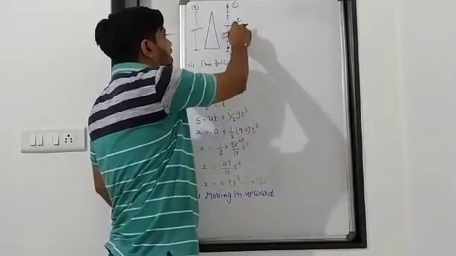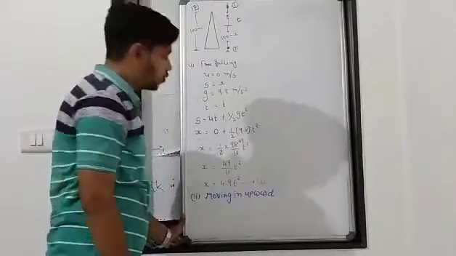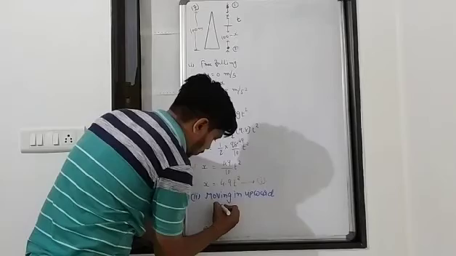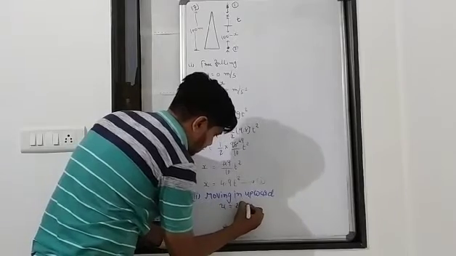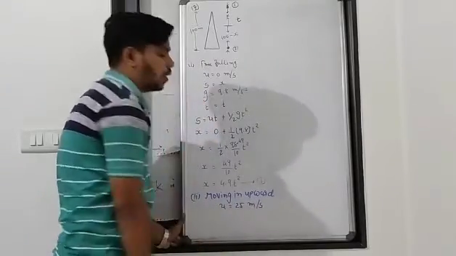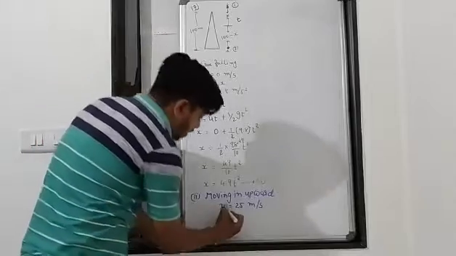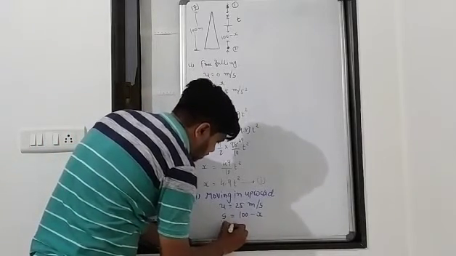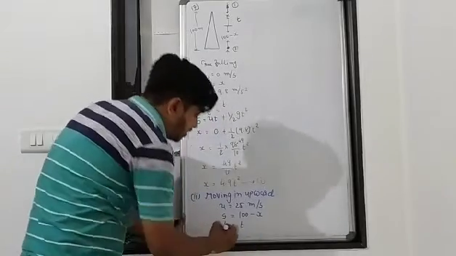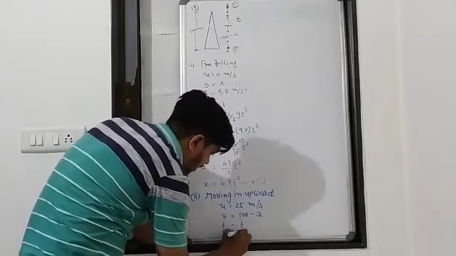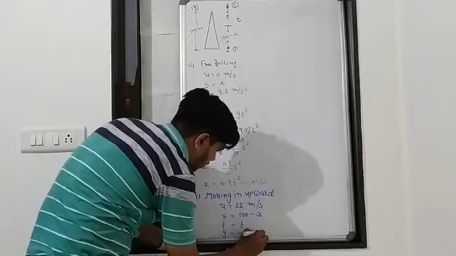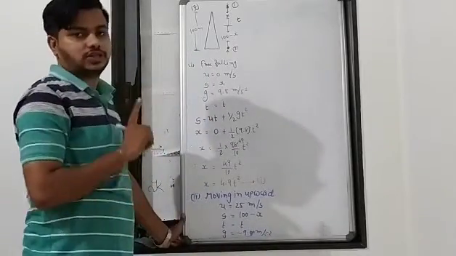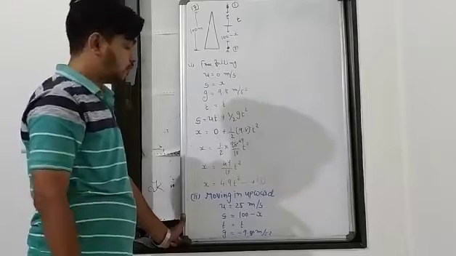It needs to meet in the middle, so we are not taking v as 0, but we need u, which is given to you. It's 25 meter per second. The distance s is 100 minus x. The time is t. But the value of g is minus 9.8 meter per second square, as it is going upward, opposite to the gravitational force.